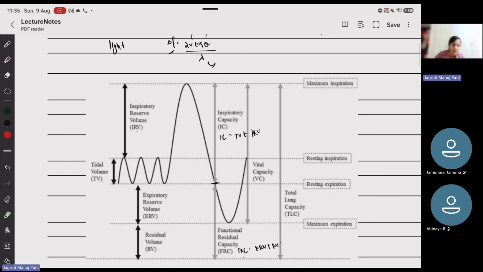Then you have something called vital capacity. Vital capacity is the maximum amount of air that a person can exhale after a maximum inhale.